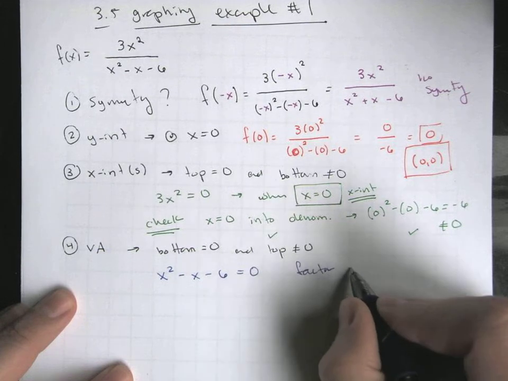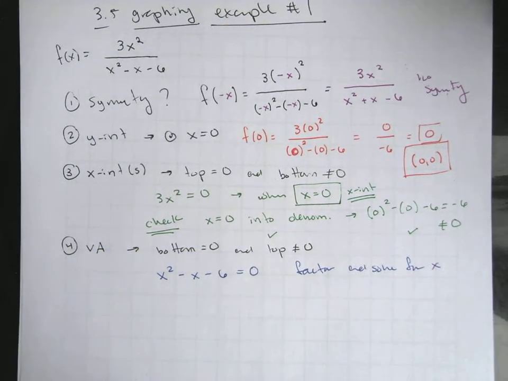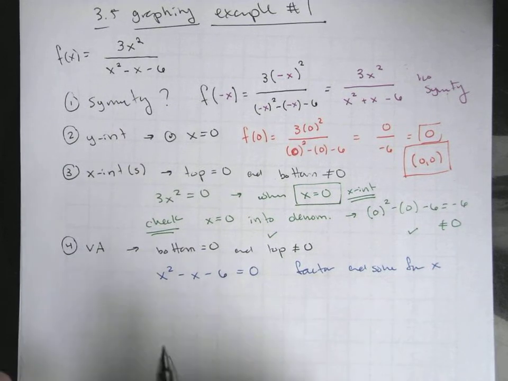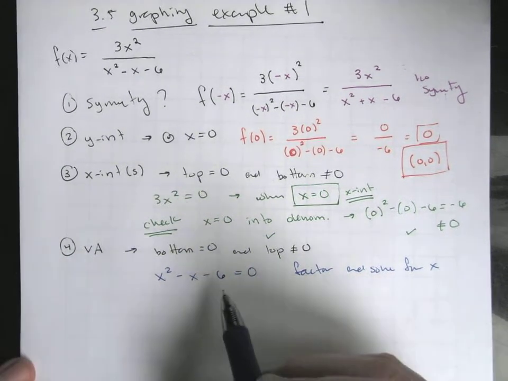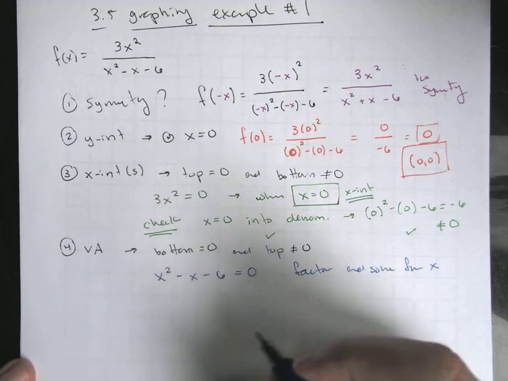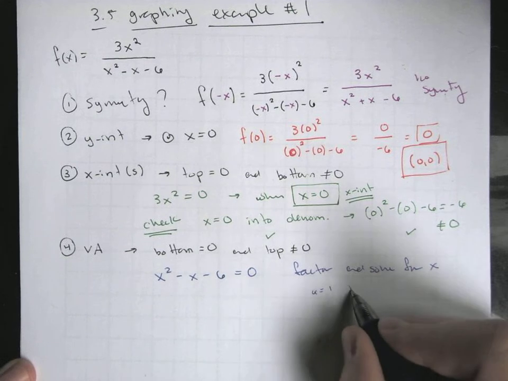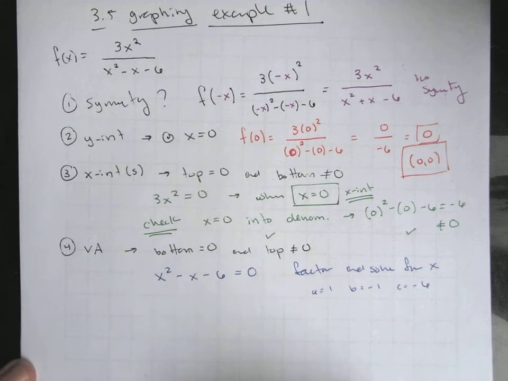This is going to be factor, solve for x. This is a short one. This is sort of ABC. The a is 1, so we're really just basing it off of what do I multiply to get a negative 6, and I'm going to add to negative 1. That's going to be negative 3 and positive 2.